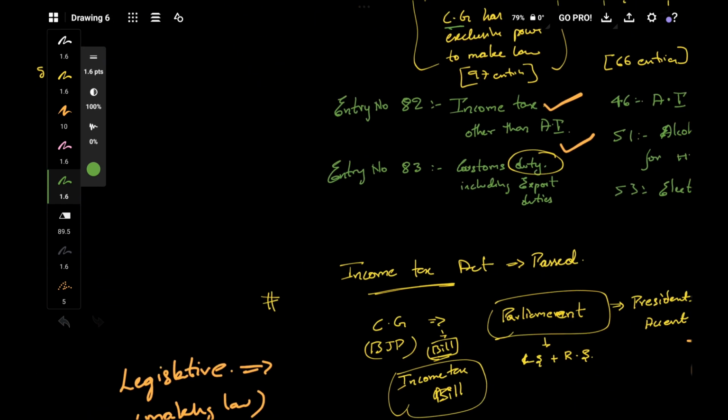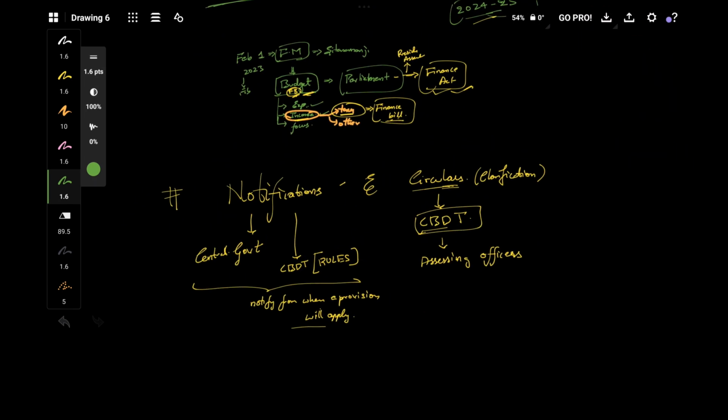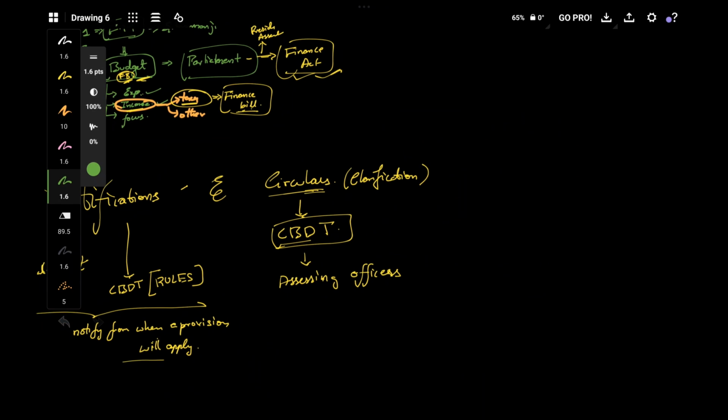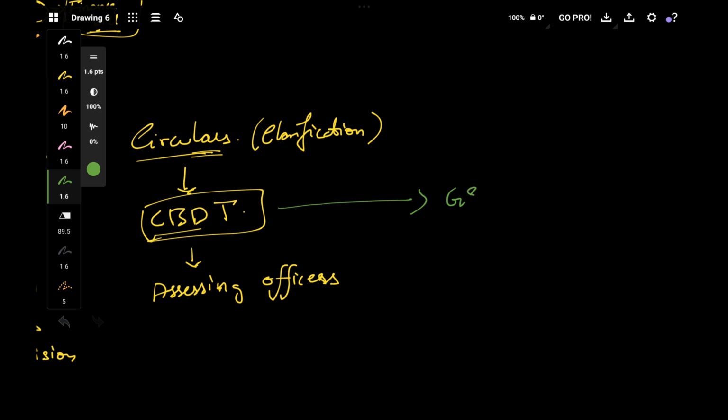The notifications and circulars here are the same as our income tax notifications and circulars, except in case of GST we'll have not CBDT but the Central Board of Indirect Taxes and Customs, CBIC.